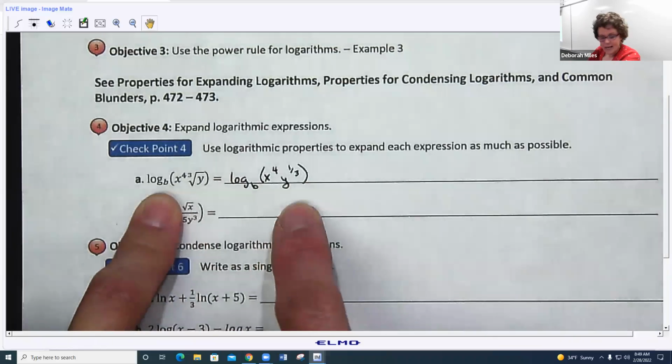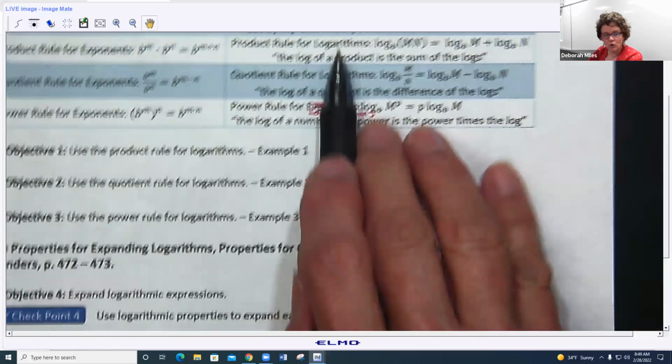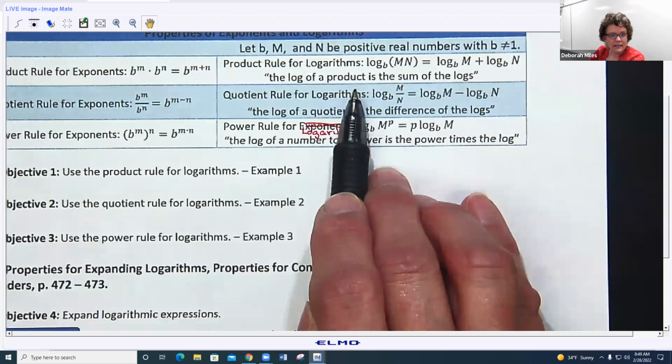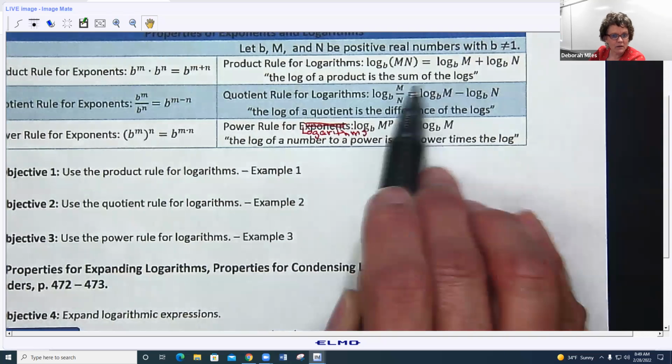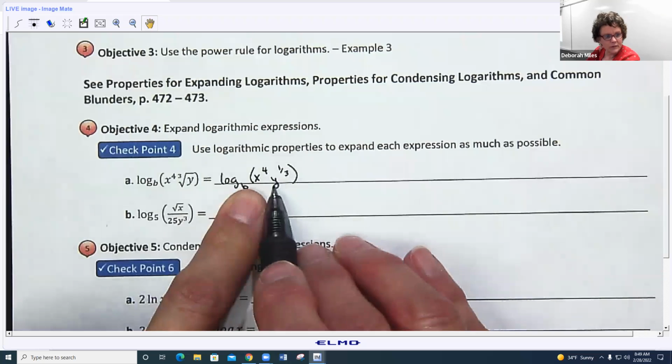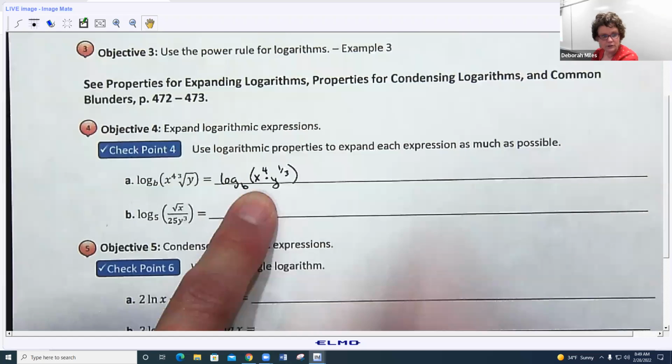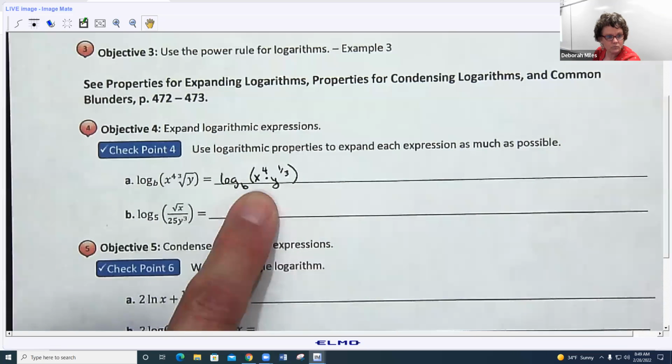And then my product rule for logs says the log of a product can be written as the sum of the logs. That's what this is, log of a product. You could put a little dot there if you wanted to show it was multiplication.